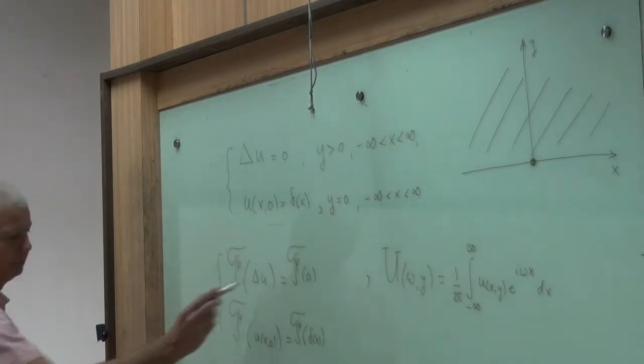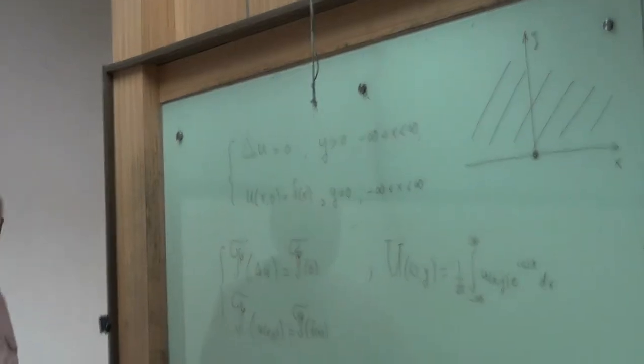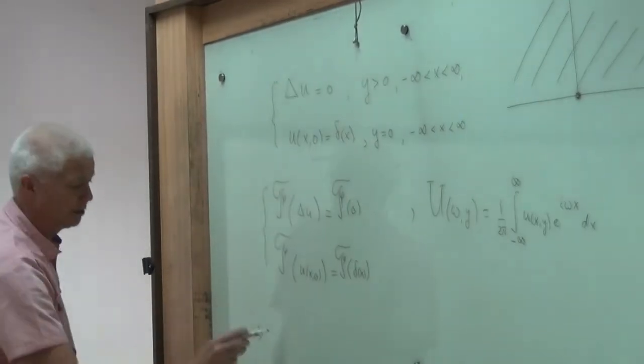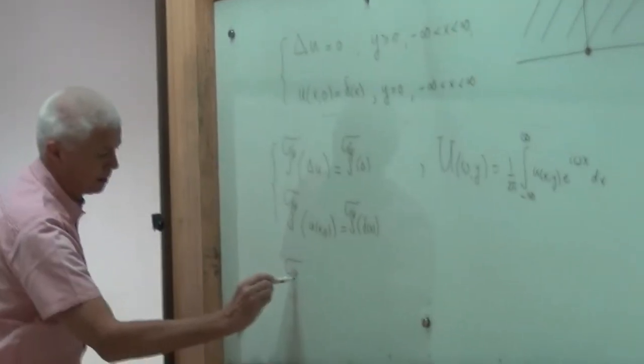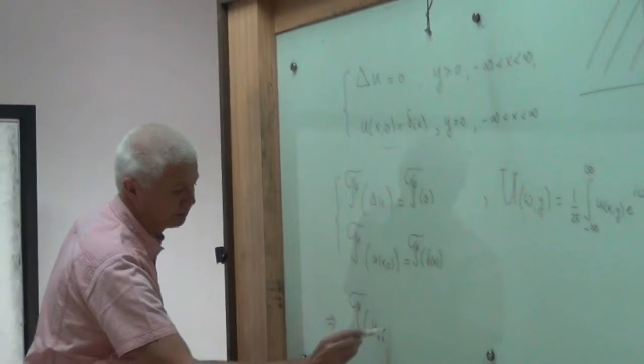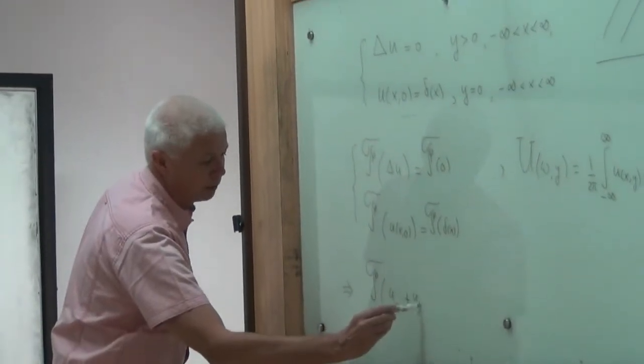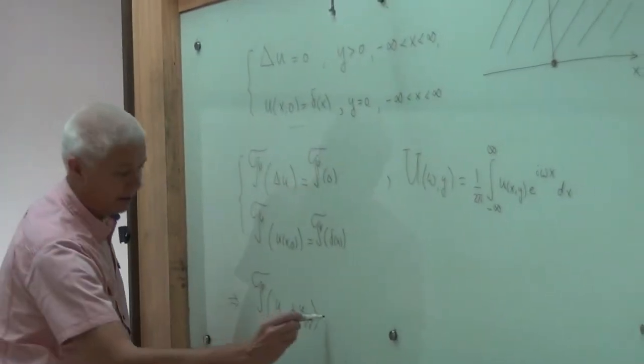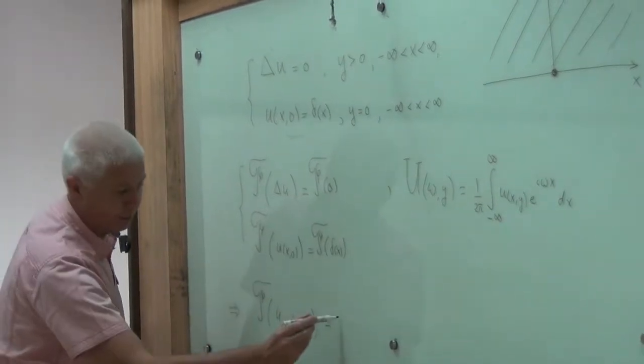Okay, so we first have to Fourier transform the Laplace equation, which is the Fourier transform of u_xx plus u_yy, equal to the Fourier transform of 0, and that obviously is 0.